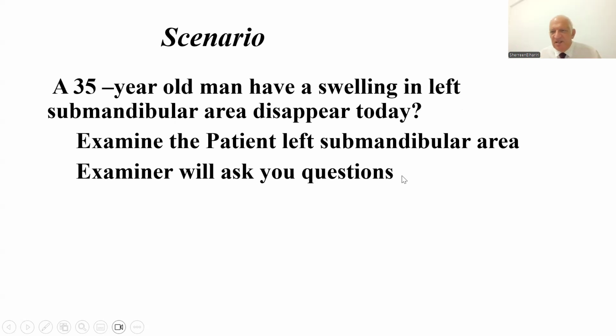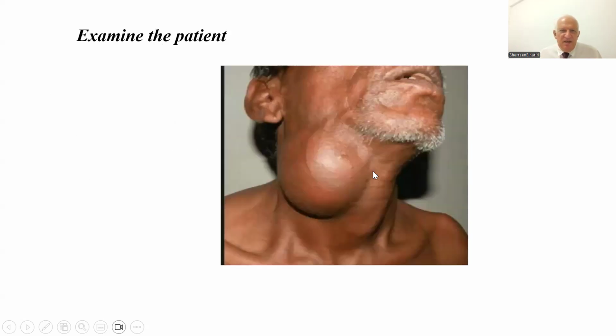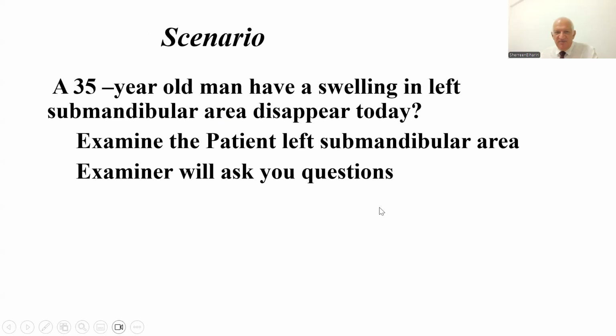But after that, the examiner asks you some questions. Of course, we don't have something like this in the exam, but if you have swelling in the exam, or you have a chance to ask the patient, even if you don't have the swelling, we allow you to ask one question about pain. What is the second question we can allow you to ask about in the submandibular?